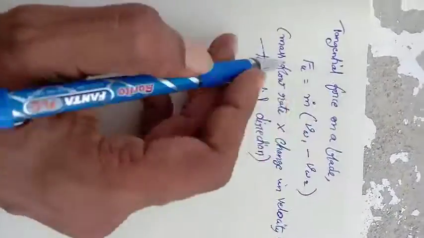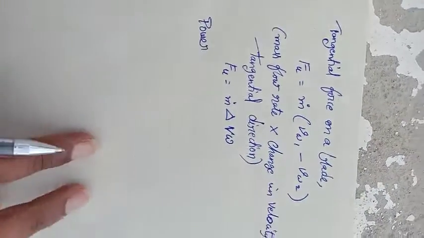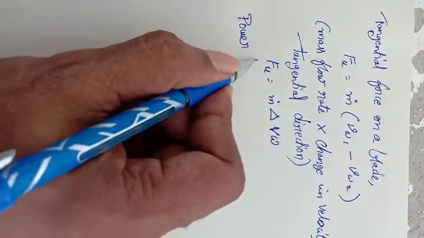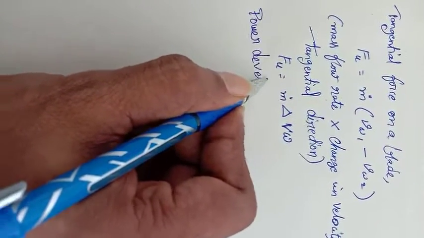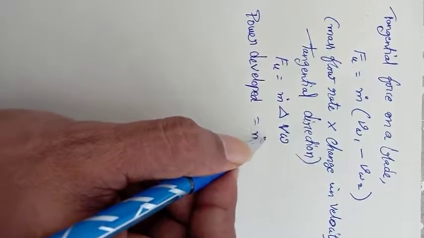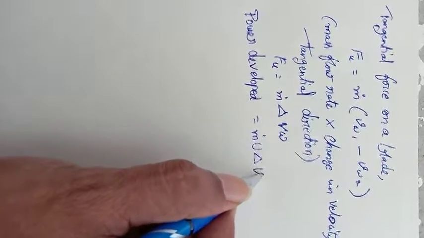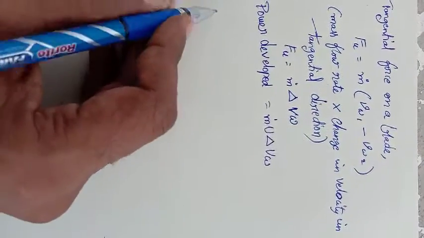And now we are going to find the power developed in the blade. So power developed is equal to blade velocity u into change in wheel velocity.